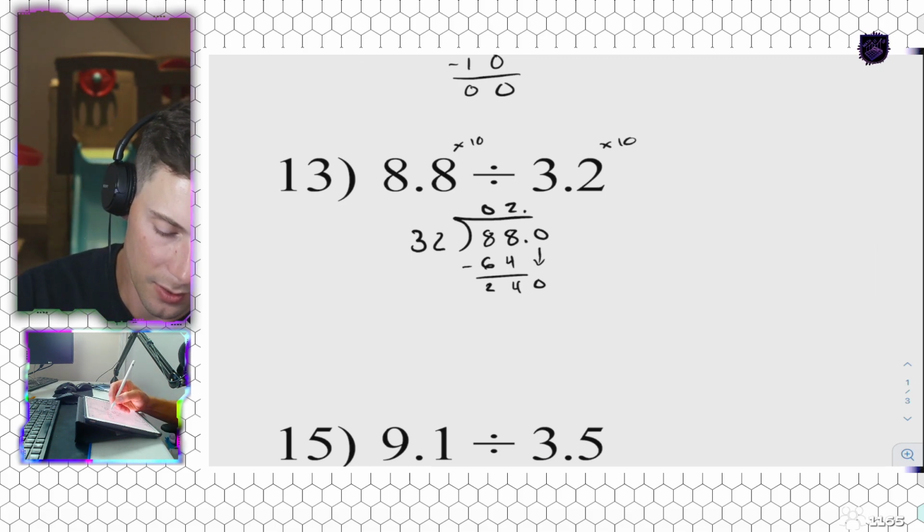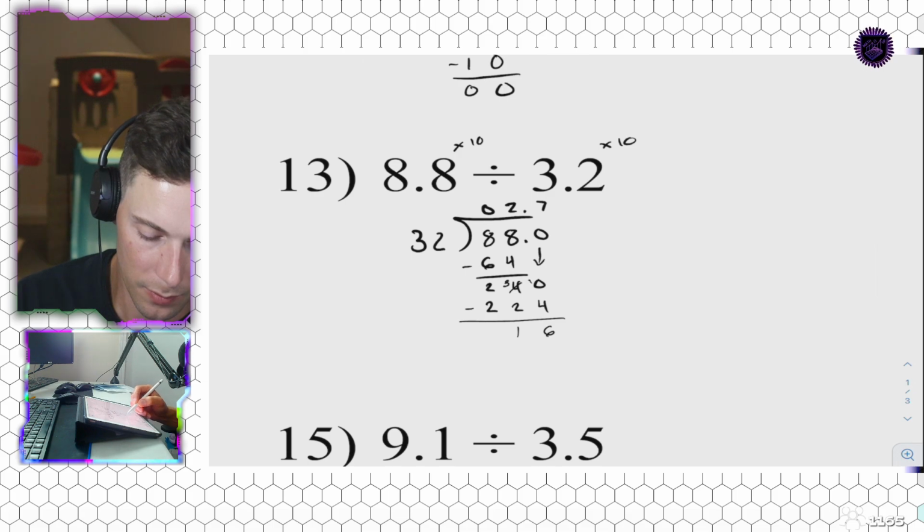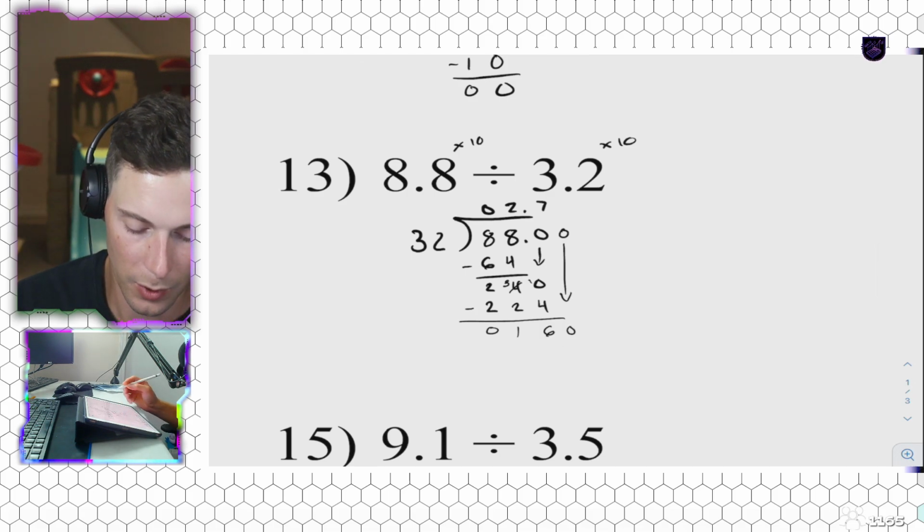So 7, 32 times 7 is equal to 224. Do that subtraction. Let's do a borrow. 10, so 6, 1, 0. Let's add another 0 here. Let's drop it down.